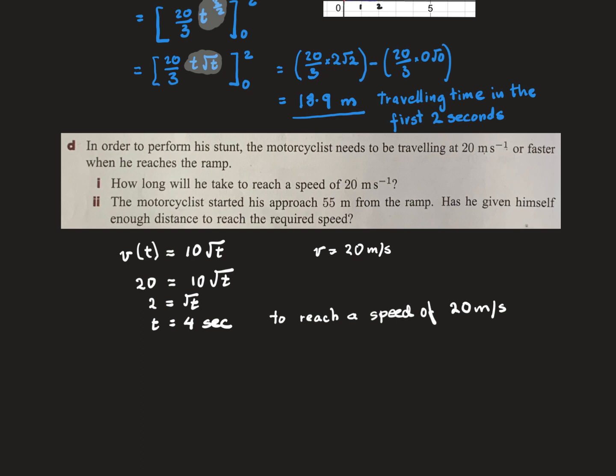Now, the motorcyclist has started his approach 55 meters from the ramp. Has he given himself enough distance to reach the required speed? So we will need to know whether the distance when he travels from 0 to 4 seconds is enough.